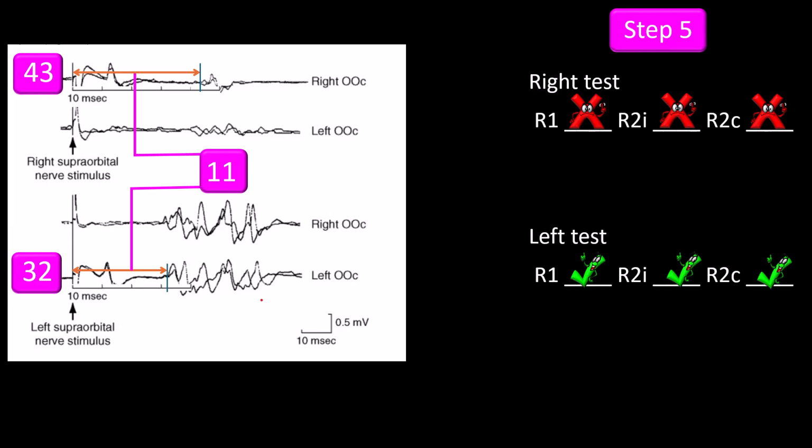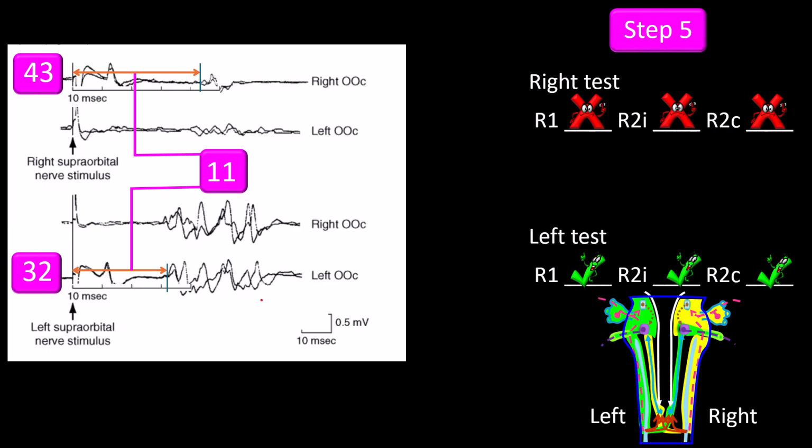The impact of these results on the overall interpretation of the blink reflex test can be illustrated using the last drawing of the brainstem, as you can see here, and adding a green background to those additional structures proven normal by the normal left R2 ipsilateral response. The left track and interneurons communicating the left spinal nerve caudal nucleus and the ipsilateral facial motor nucleus.